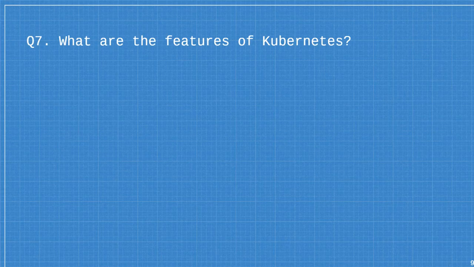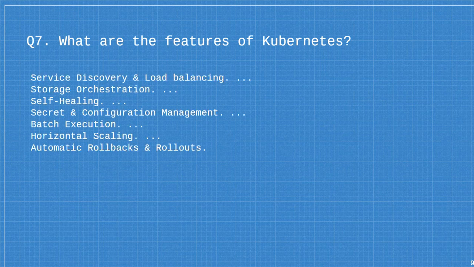What are the features of Kubernetes? If we talk about the features, there are multiple, like service discovery, networking, and communication between containers, which becomes very systematic and easy.